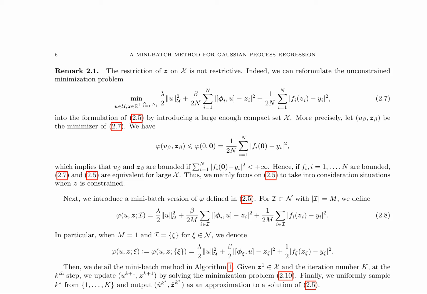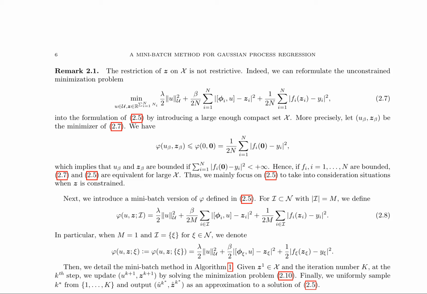This paper presents a minibatch method for Gaussian process regression, focusing on the minimization problem in equation 2.5 with constraints on Z. The authors introduce a minibatch version of phi, denoted phi(u, z, I), which enables the approximation of the solution to the full minimization problem by sampling subsets of the data.